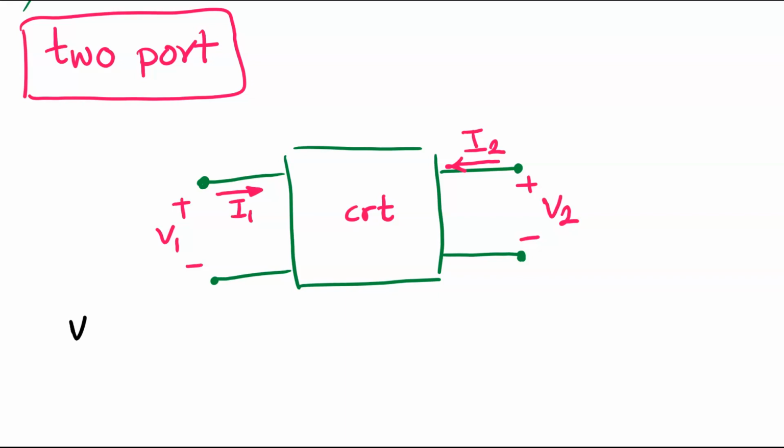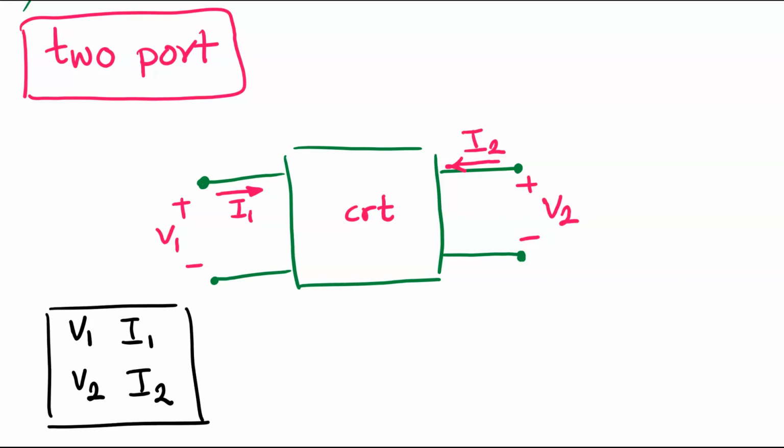So we have V1, I1, V2, and I2, which are the parameters of this circuit, and 2 of them are independent. The other 2 can be described by our independent selection. Since you have 4 parameters and you are trying to select 2 out of these 4 parameters, then it means that you ended up having 6 different choices.